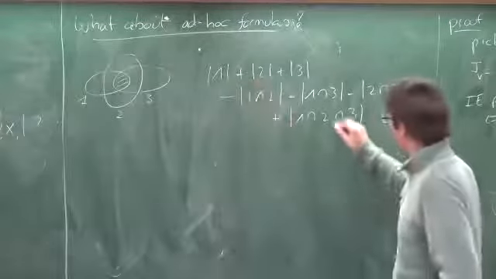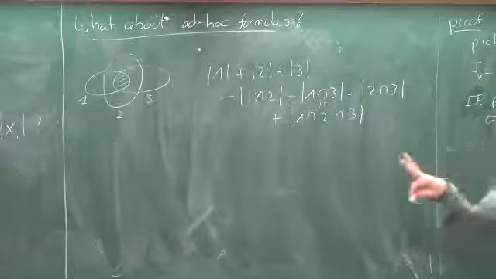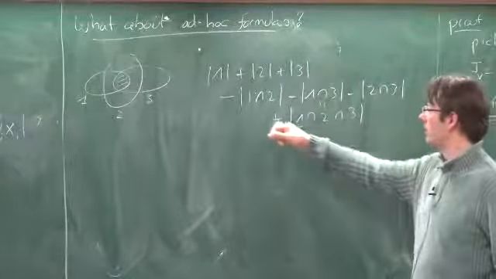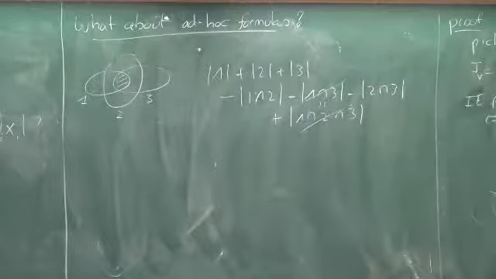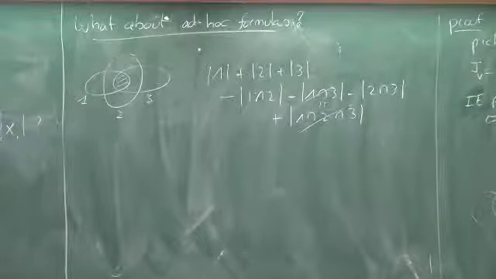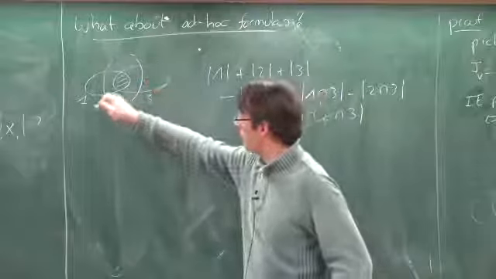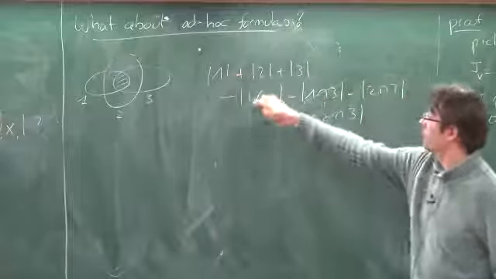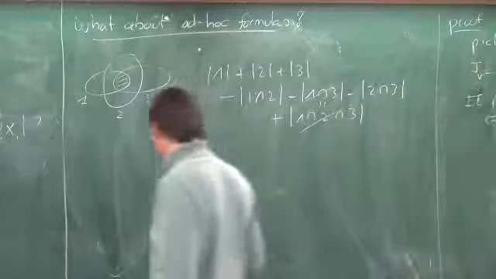So that means that these two terms are equal. As soon as the sets intersect in this way, those two terms are equal, and since they appear with opposite sign, I can just remove them. And so what I'm saying is for any collection of 3 sets, so that the intersection of 1 and 3 is covered by 2, I can compute the volume of the union by applying this formula.